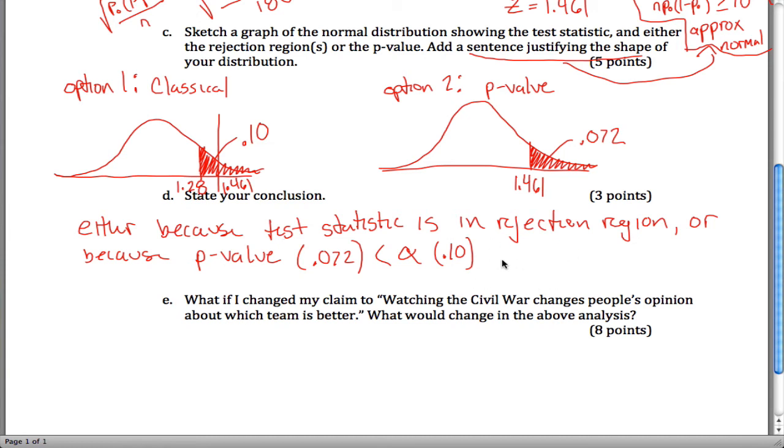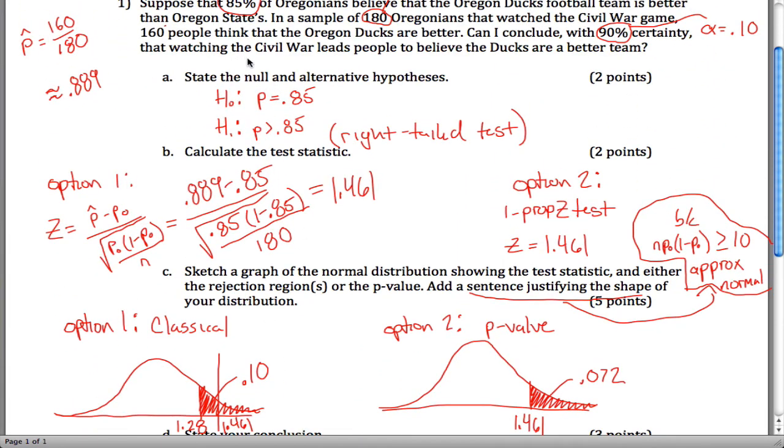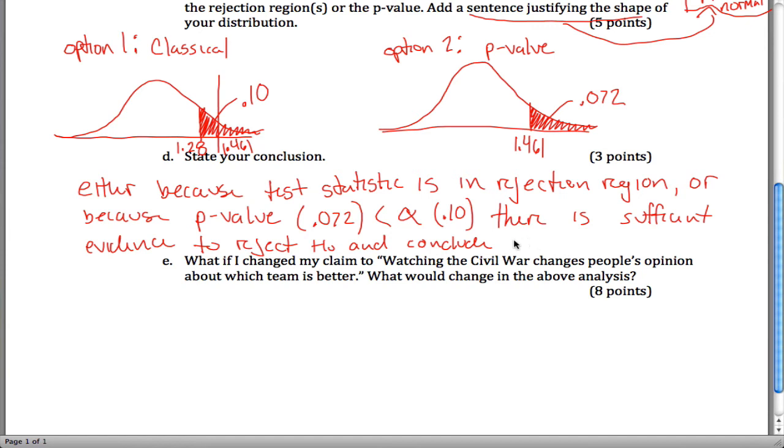So for either of those two reasons, there is sufficient evidence to reject the null hypothesis and conclude, let's see, what was our claim up here? That watching the Civil War leads people to believe the Ducks are better.